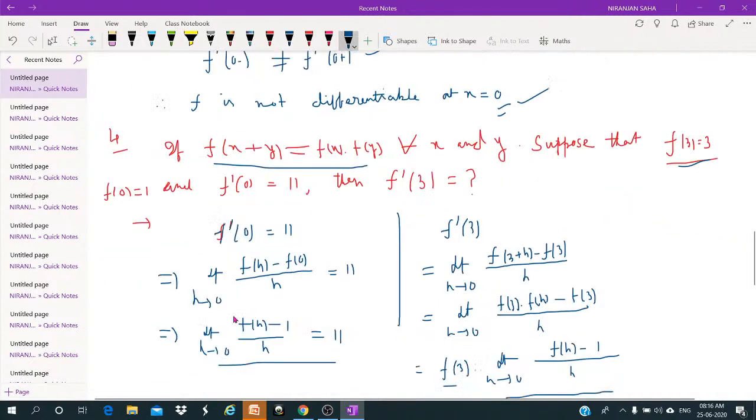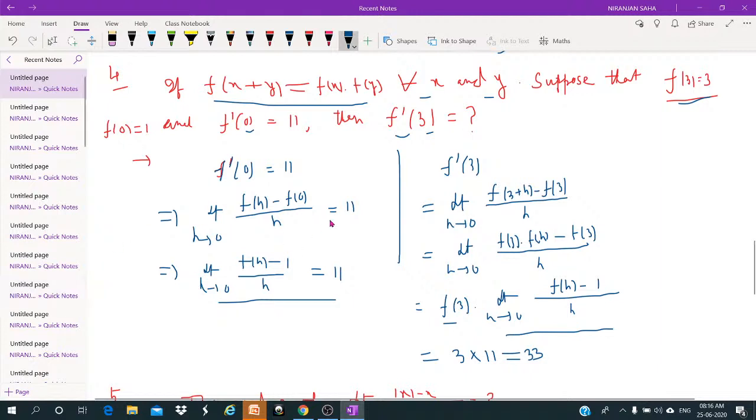Now the fourth problem: if f(x plus y) is equal to f(x) into f(y) for all x and y, suppose that f(3) is equal to 3, f(0) is equal to 1, and the first derivative of f at the point 0 is equal to 11, then find the first derivative of f at the point 3.